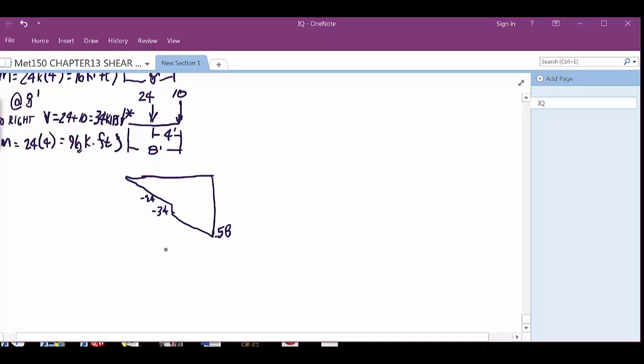Now then, what I did on mine was I put a little dash in there, so I can figure out the areas of those 3 regions. This 24 times what, 8 divided by 2, 96. 34 times 8, 272.